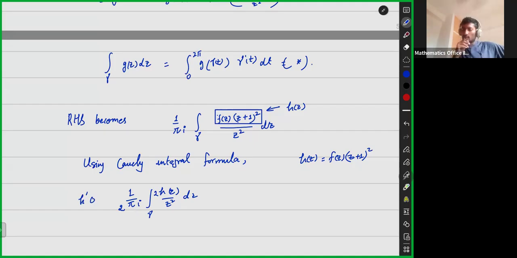Then this is h prime at 0. Okay. So from here, what we are able to see, h prime at 0, what it is?